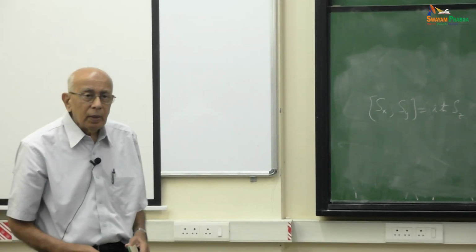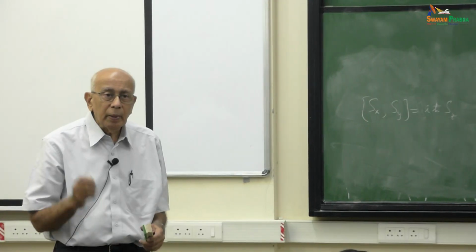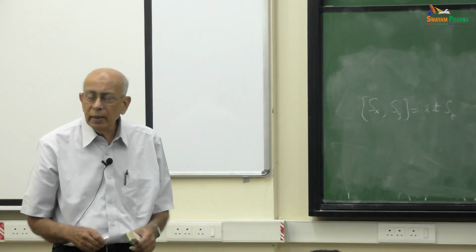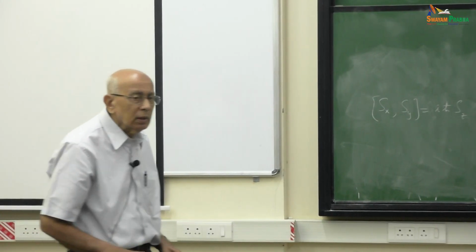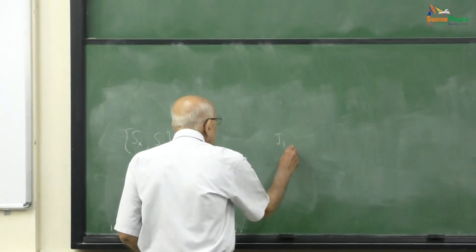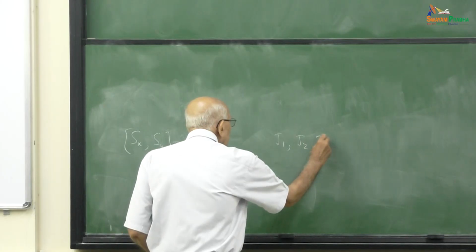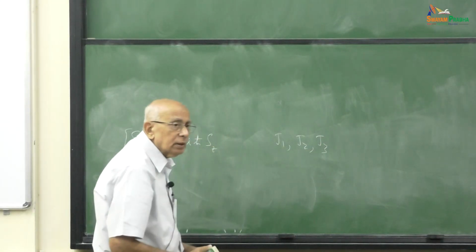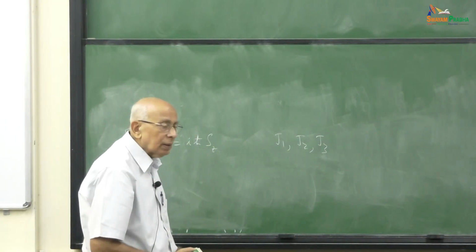So now, including orbital angular momentum, spin, which is an intrinsic angular momentum, or any kind of angular momentum whatsoever, in 3 dimensions, the rotations are specified by 3 operators, J1, J2, J3, which will generate rotations about the 1, 2, 3 axis respectively.